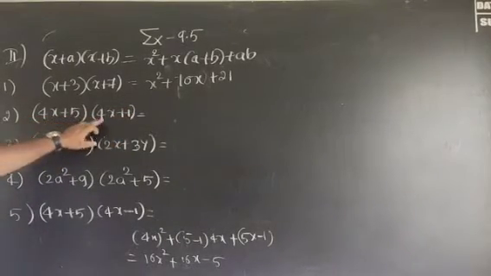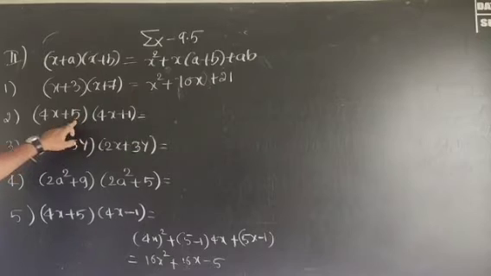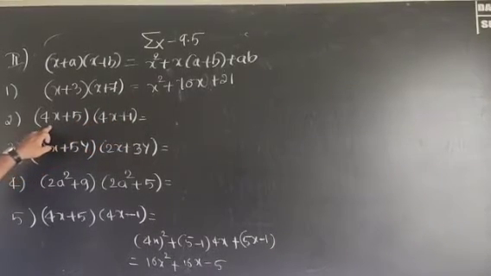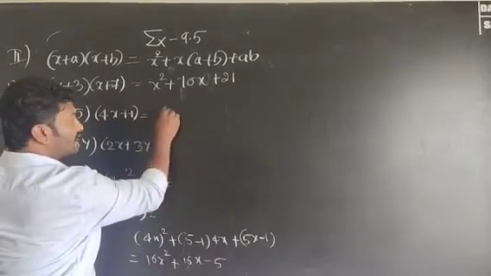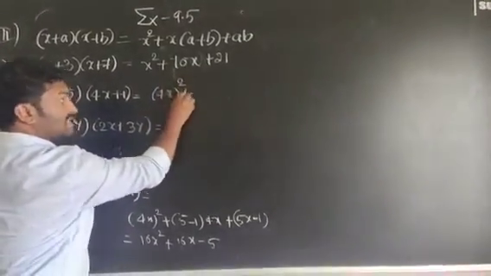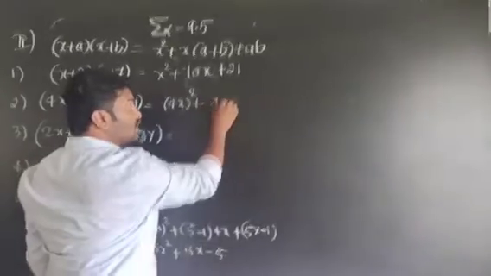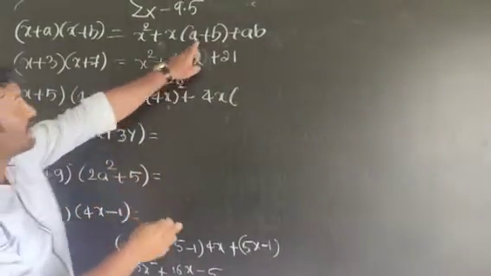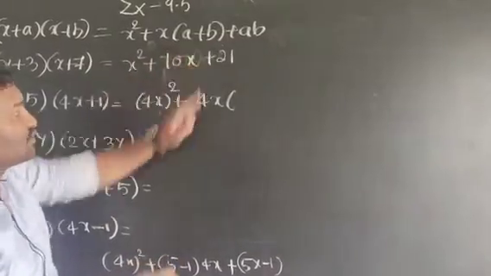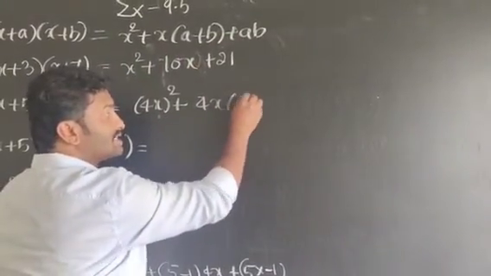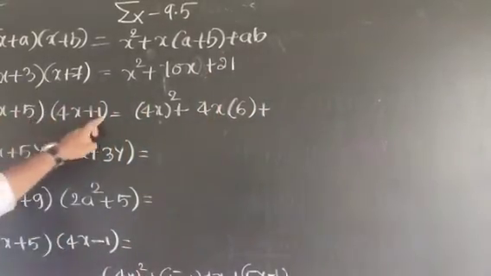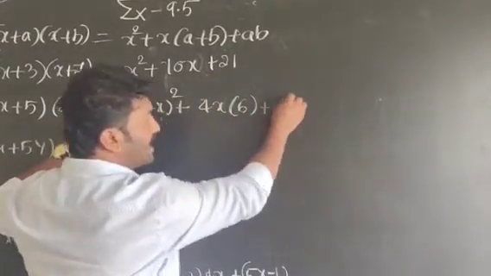Next one is also same: 4x plus 5, 4x plus 1. Here a value is 5, b value is 1, and x value is 4x. x square plus x into a plus b, 5 plus 1 is 6, plus a into b, 5 into 1, 5.